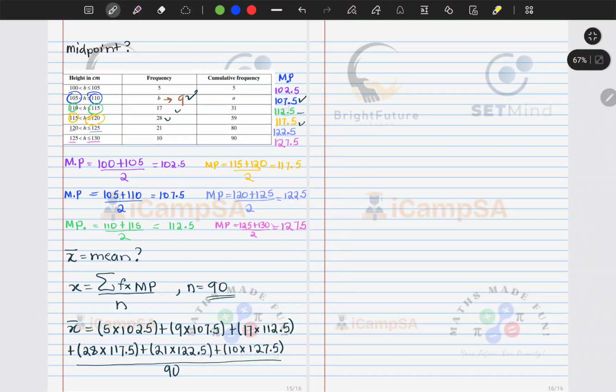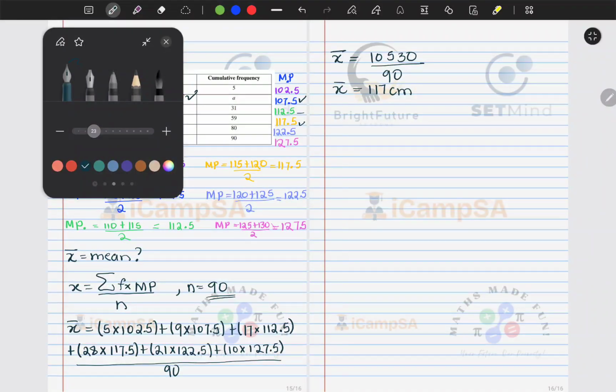If you go ahead and do your calculation here and sum up the top, you will end up finding 10530, and the denominator is 90. If you punch it on your calculator, you will end up getting 117 centimeters.